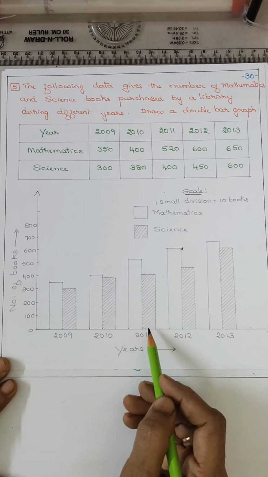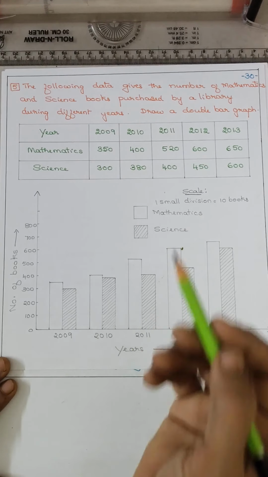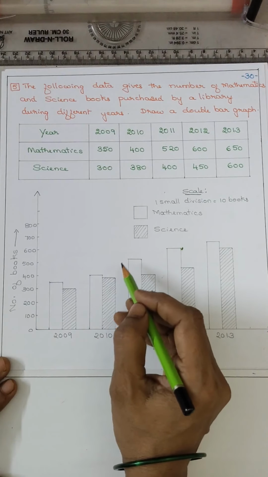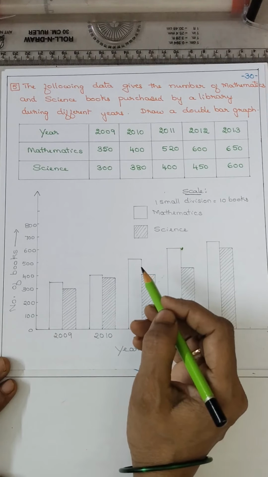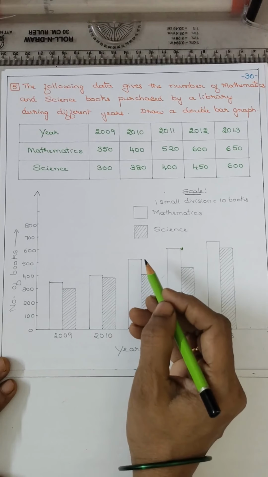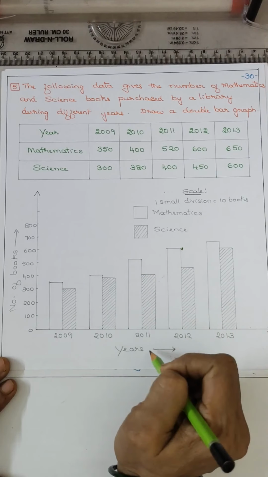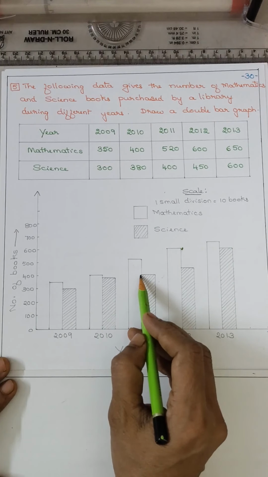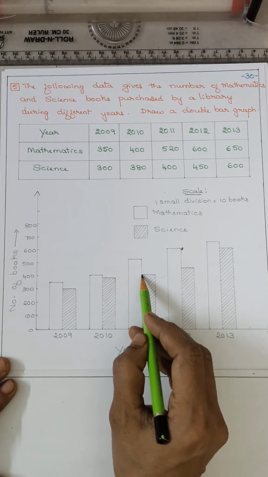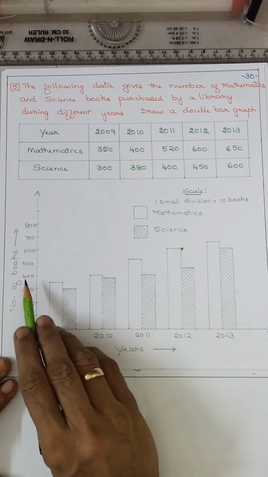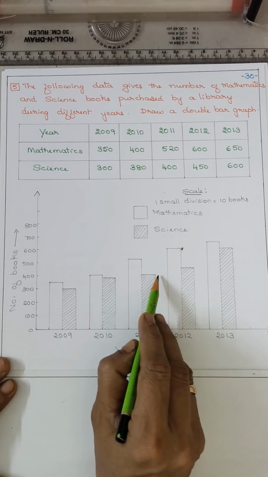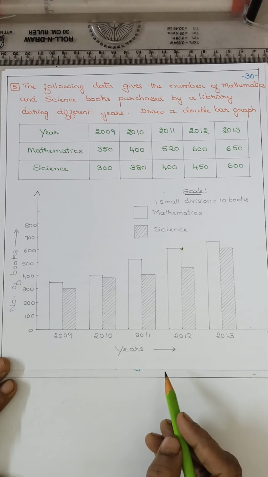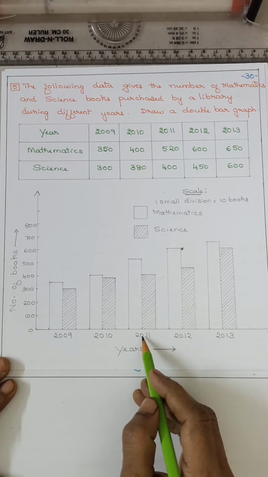Now for the third, 2011, first is 520. Above 500, two small divisions, then the box, then from touching this box in the graph, you have to mark 400. From 400, the horizontal line, then standing line, vertical line, that is 2011.